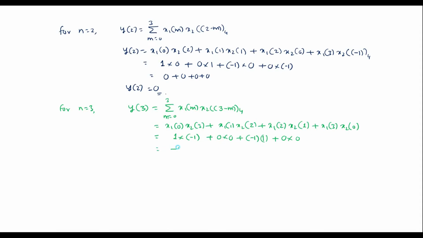Simplifying this, minus 1 plus 0 minus 1 plus 0, that is y of 3 is equal to minus 2. Therefore y of n is equal to x1 of n circular convolution with x2 of n, and the result is 0, 2, 0 and minus 2.